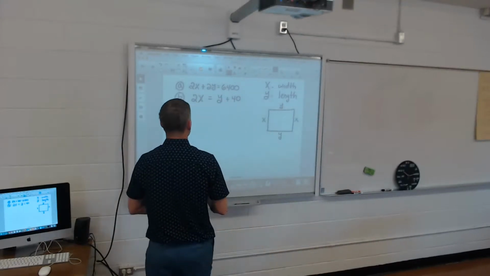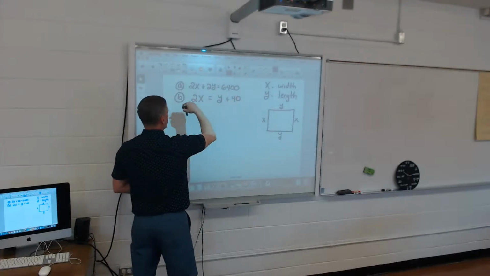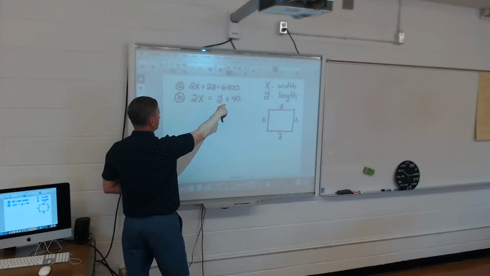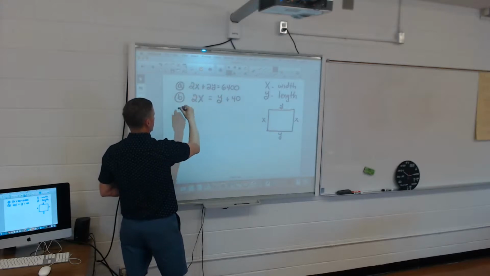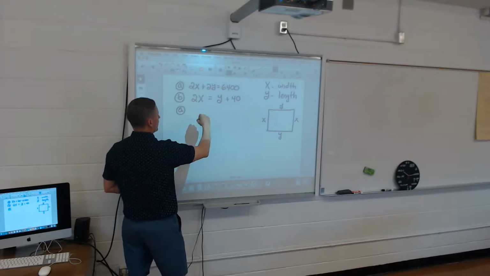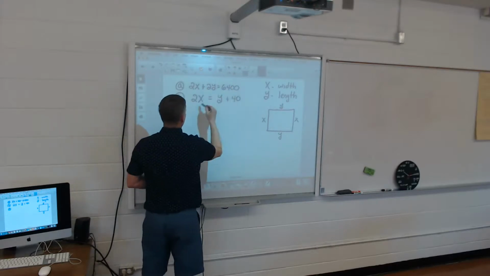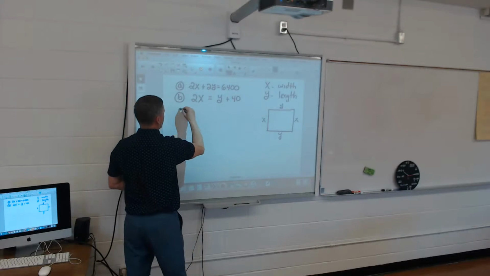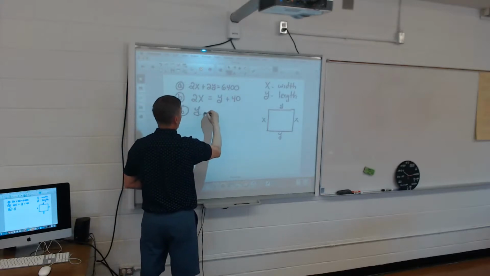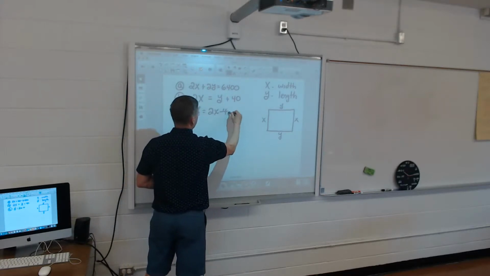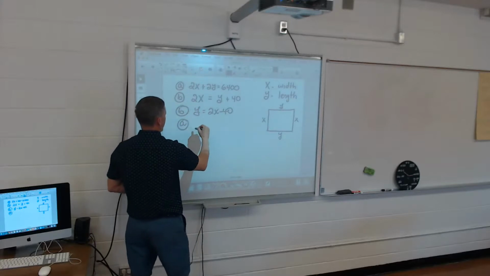All right? So now I have 2x plus 2y. I can multiply this by a negative. Yeah, you can do it. You can do a number of things, or you could actually use substitution method too. So whatever method you wanted, I would probably use substitution method. Y equals 2x minus 40. Substitute that into a.